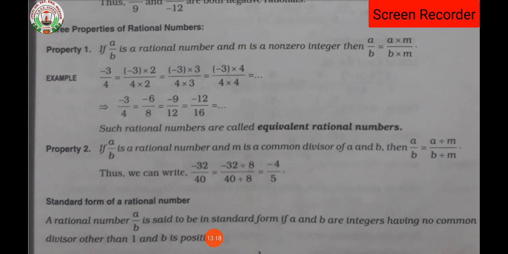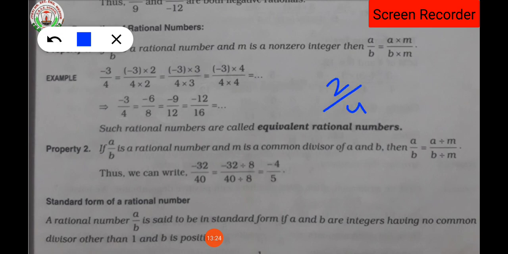B is positive. It means that suppose we have a number 2 upon 4. Now how to identify whether 2 by 4 is in standard form? कैसे पता चलेगा कि 2 by 4 एक standard form rational number है? For that, what do we have to do, student?